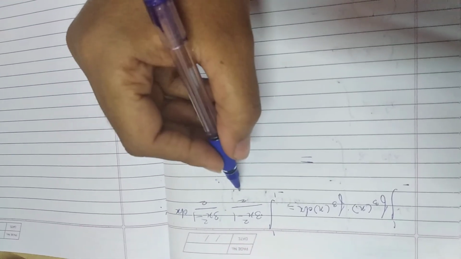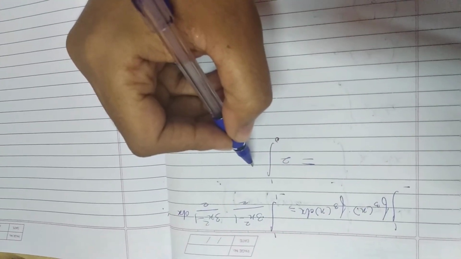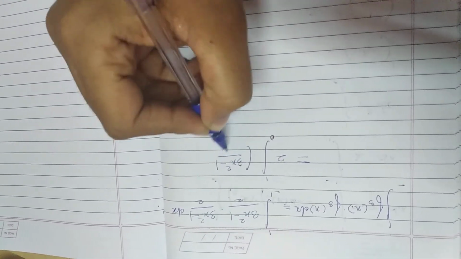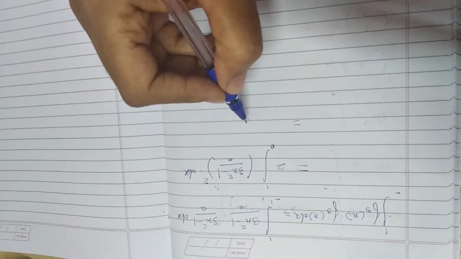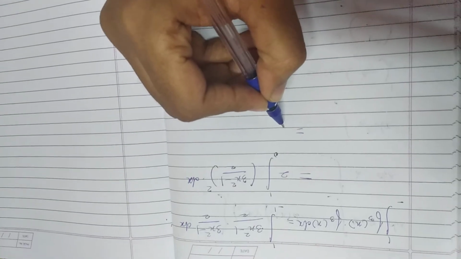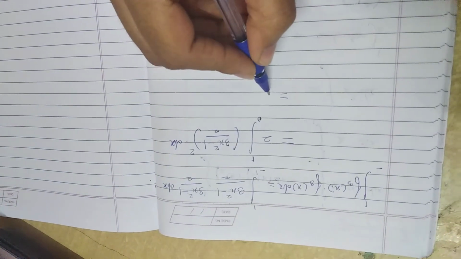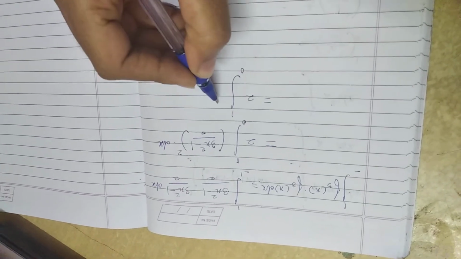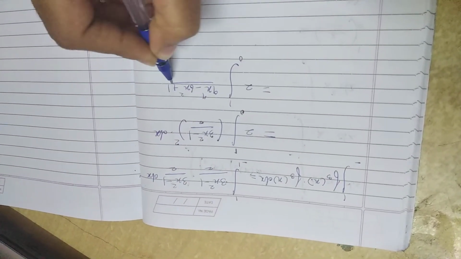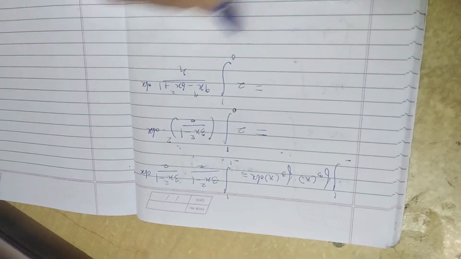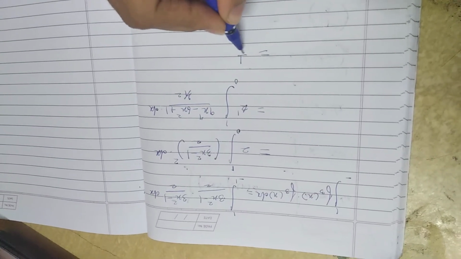Since both are even terms, we will take 2, and the limits will change to 0 to 1, the whole square into dx. Now we will take this 1/2 common here.